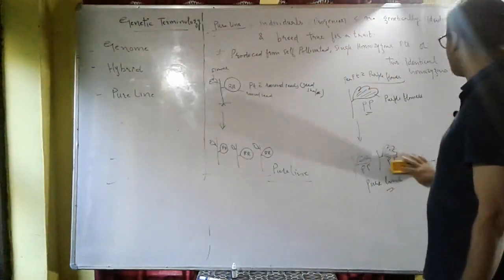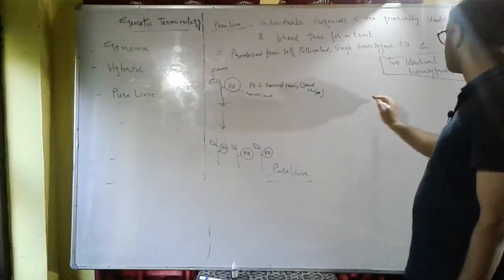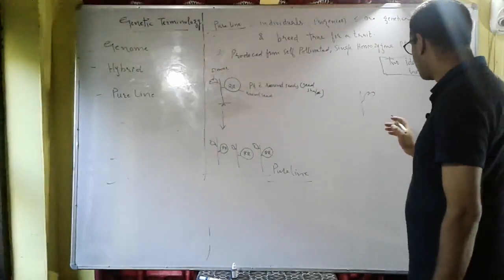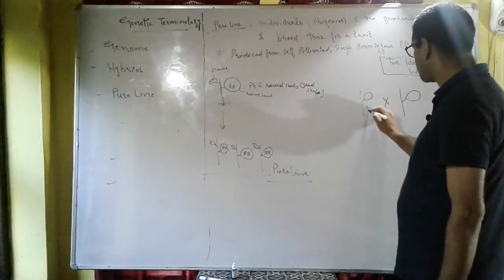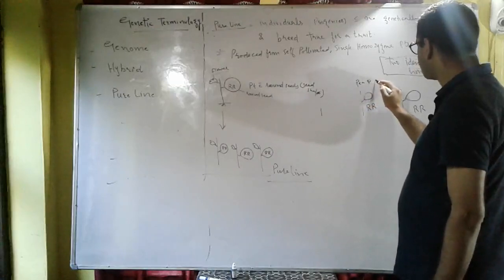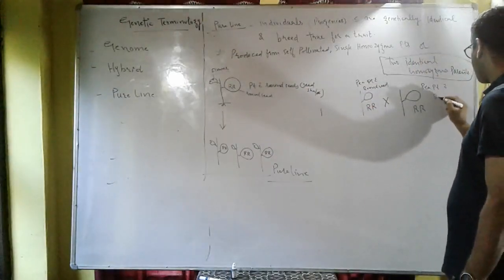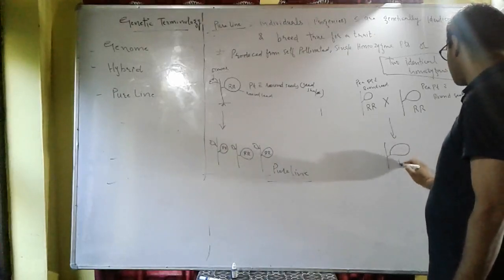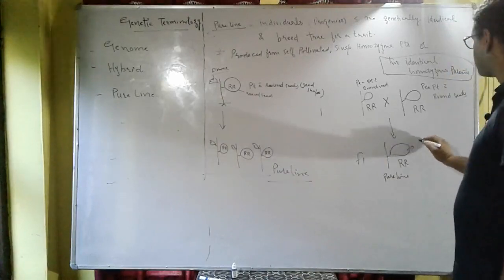For example, we take a pea plant with round seeds, capital R, capital R, and cross it with a pea plant with round seeds, capital R, capital R. Obviously the progeny, F1, would be a pure line, a pea plant with round seeds.